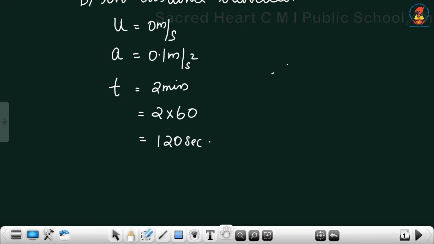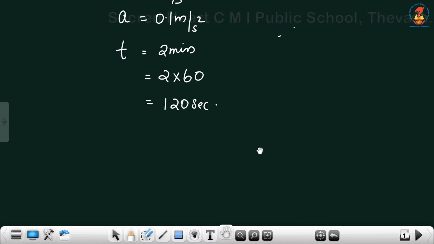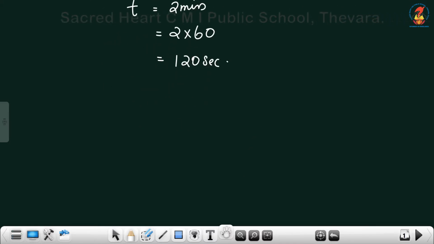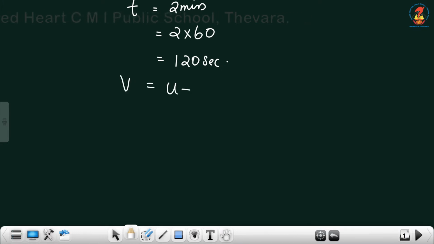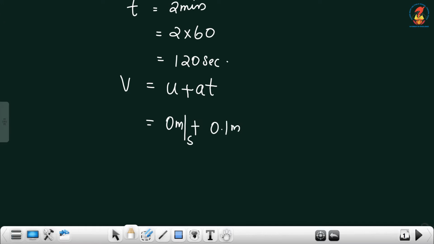Now what do you have to calculate? You have to calculate the final velocity. What's the equation to find final velocity? V equal to U plus AT. Now substitute in this equation. U, A and T is known to us. That is 0 meter per second plus 0.1 meter per second square into 120 second.